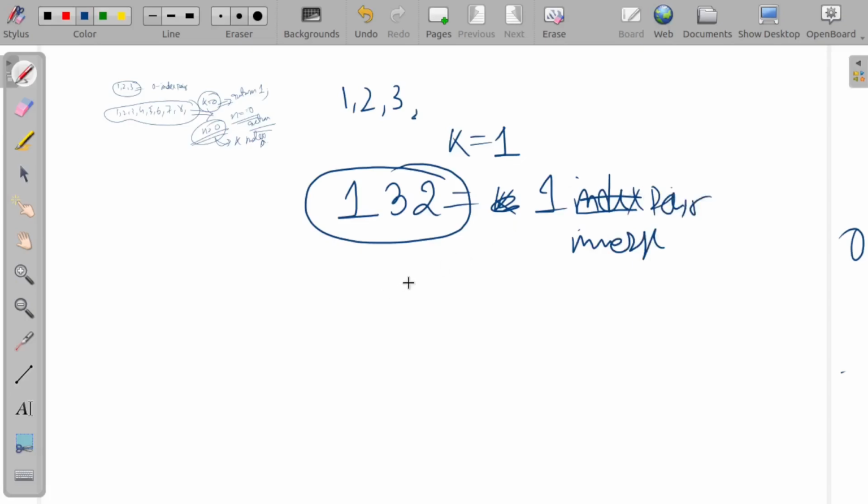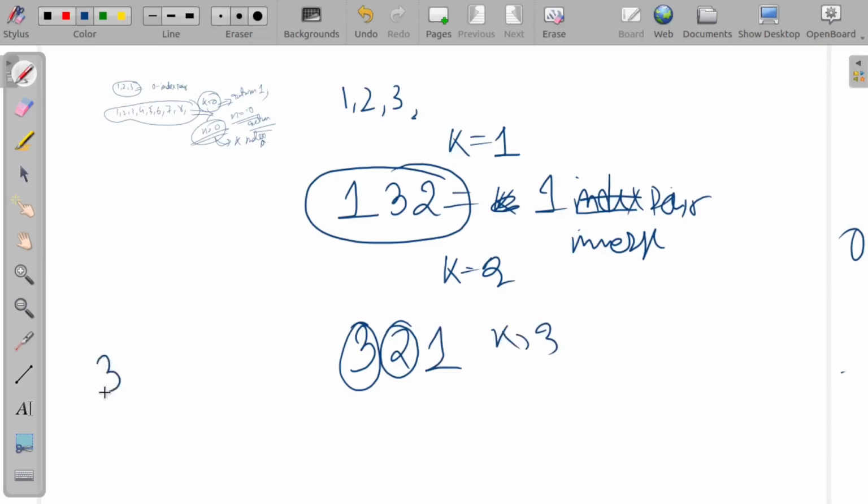And if k equals 3, then 3 2 1 has 3 inverse pairs, because 3 1, 3 2 and 2 1 are all inverse pairs.